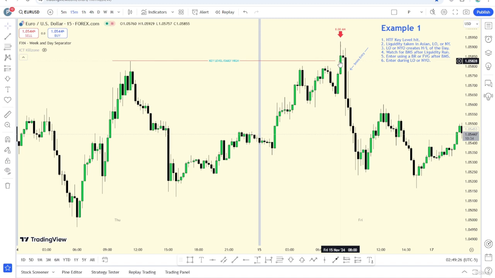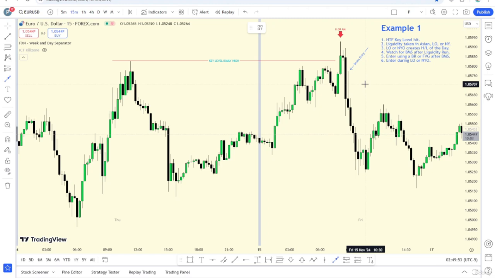Then after we hit that level there, you want to see the market starting to go in the opposite direction, breaking market structure. So in this 15 minutes chart, point number 3 says that either London session or New York session creates the high or low of the day.